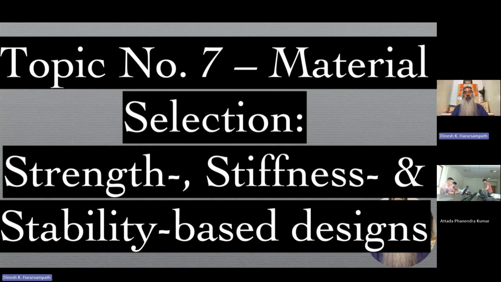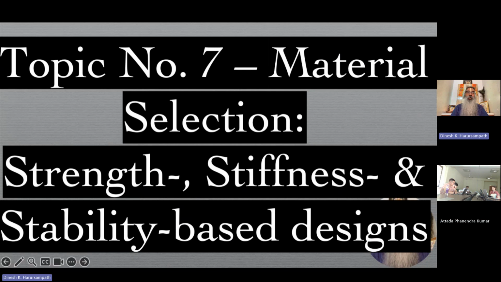In fact, in your very basic course on structural dynamics or vibrations, you'll know that for a single degree of freedom system, let's say just a spring and a mass, with spring constant K and mass M, the natural frequency is given by the square root of K by M. So you see that the stiffness K plays a very critical role there. And we will also see why the natural frequency is important when we get there.